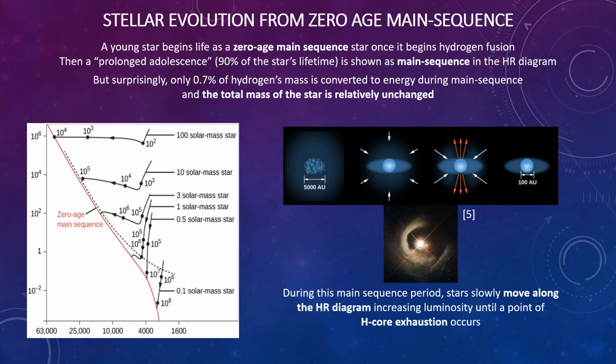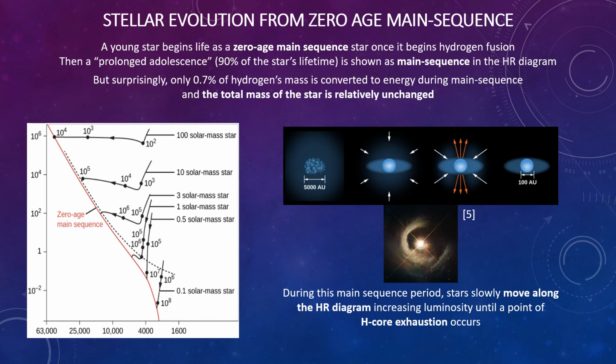But then as it spends its time on the main sequence, it ages as it uses up some percentage of its available hydrogen. But surprisingly, only 0.7% of hydrogen's mass is converted into energy during the main sequence, and the total mass of the star remains relatively unchanged.